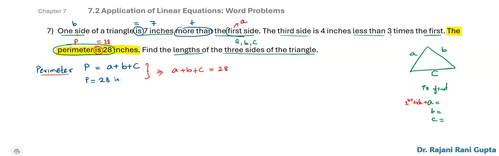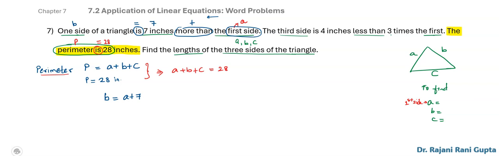We are denoting the first side as A, so this gives you B is equal to A plus 7. Or rewriting, we can write it as A plus 7 equals B. Or you can keep it in the same form.